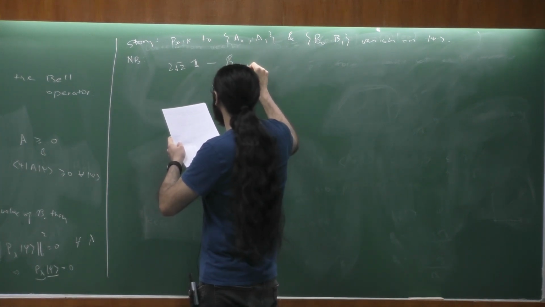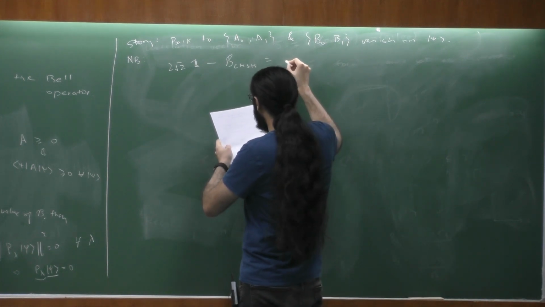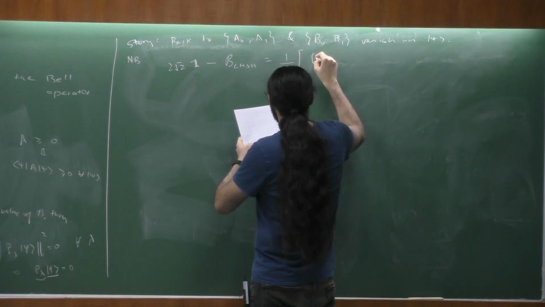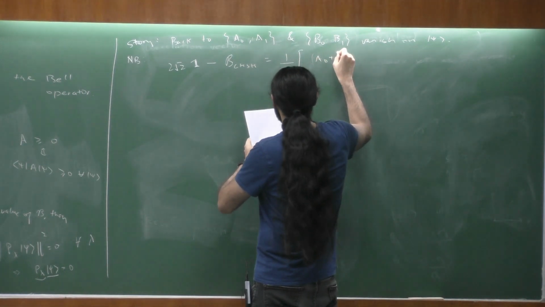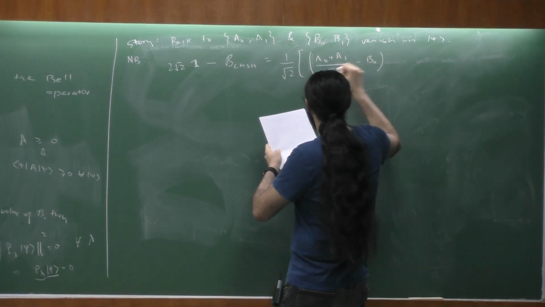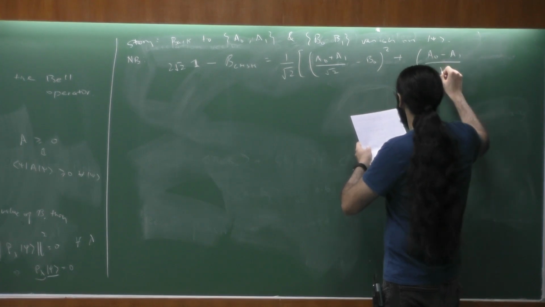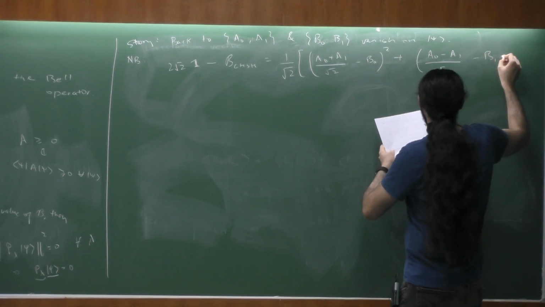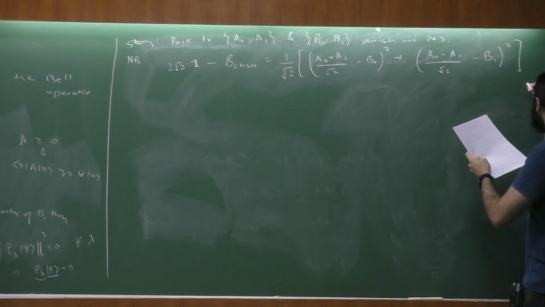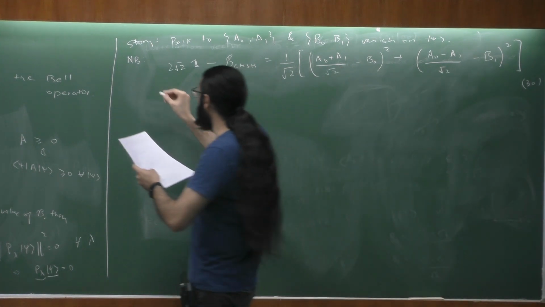And then beta CHSH is just the inequality, and it turns out that one can write it as follows: 1 by root 2, A0 plus A1 by root 2. Okay, so this is equation 30.